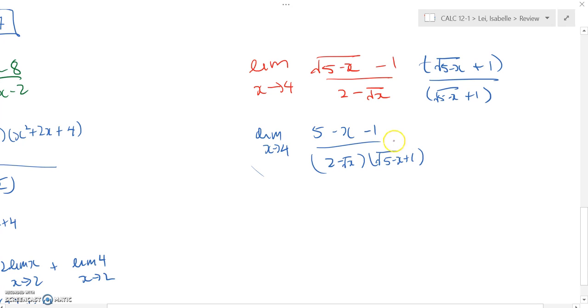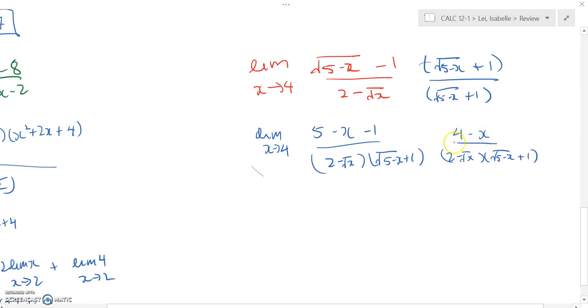And here, this numerator can simplify into 4 minus x over 2 minus root x times root 5 minus x plus 1. And there is a relationship between 4 minus x and 2 minus root x, just like in the very first example that we did.